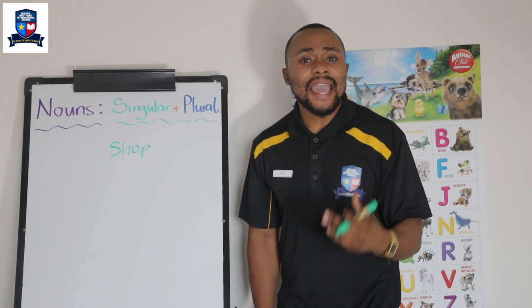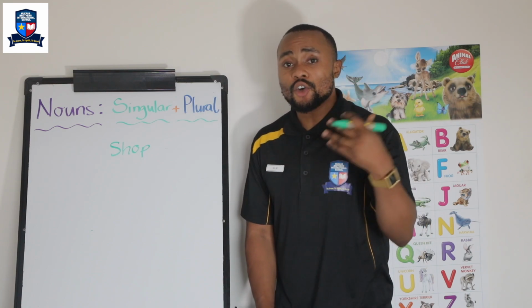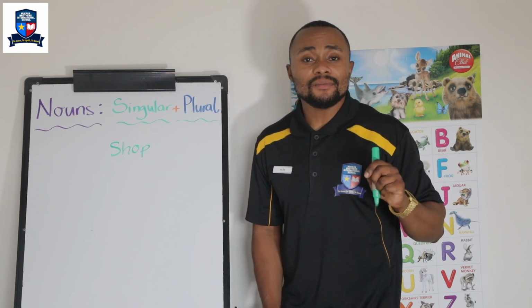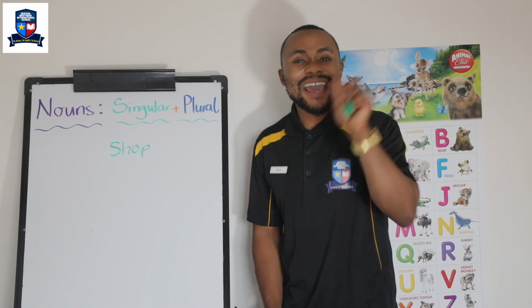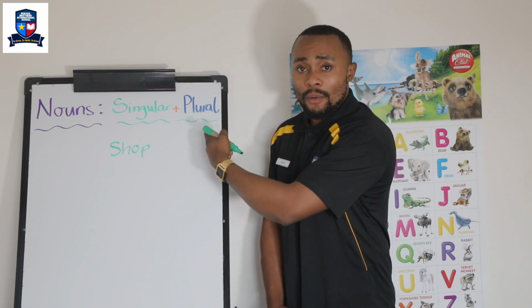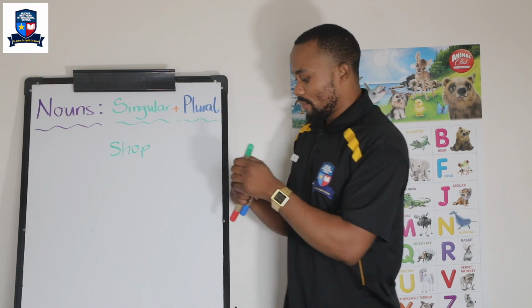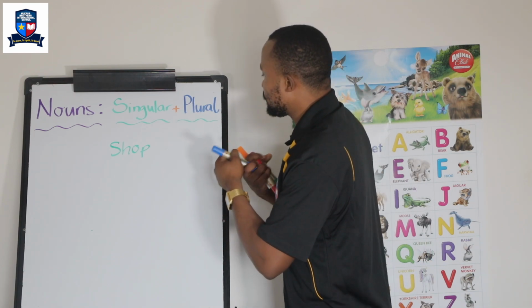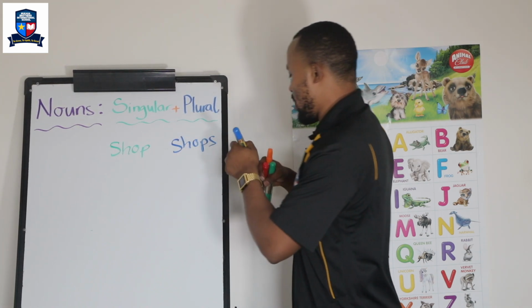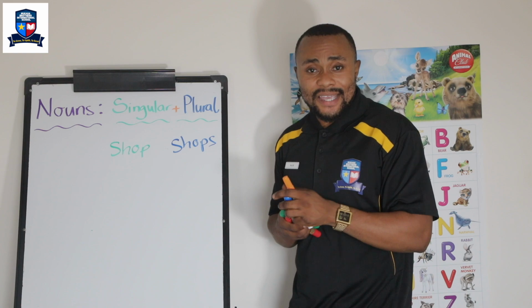But if you want to show that there is more than one shop, we just need to add the letter S at the end. So that becomes the plural form, shops, okay? Very, very good. So that is one example.